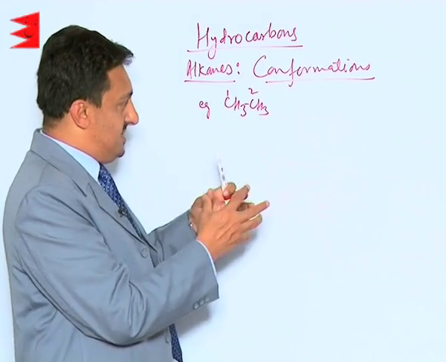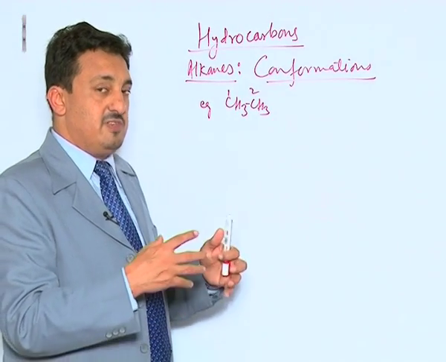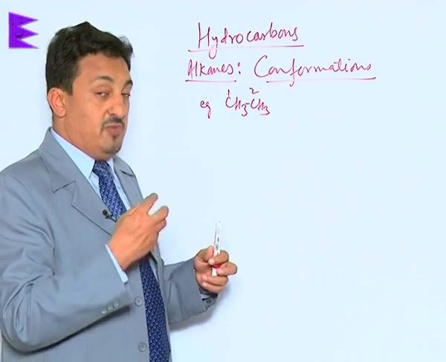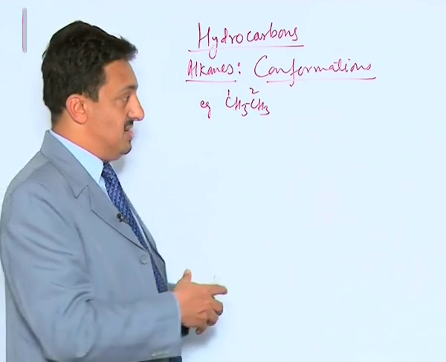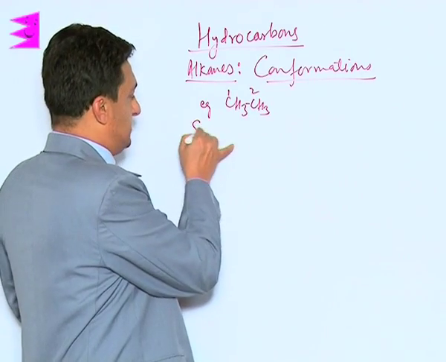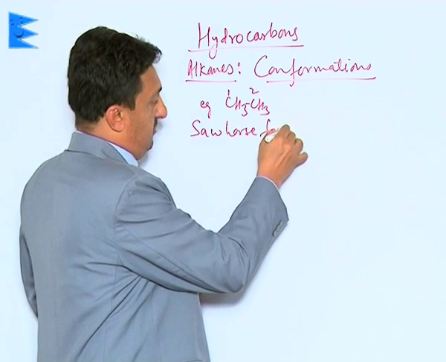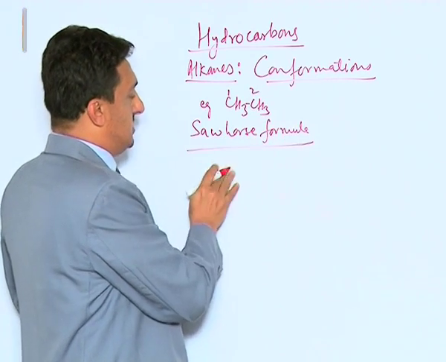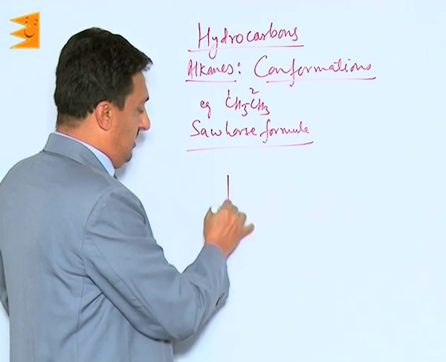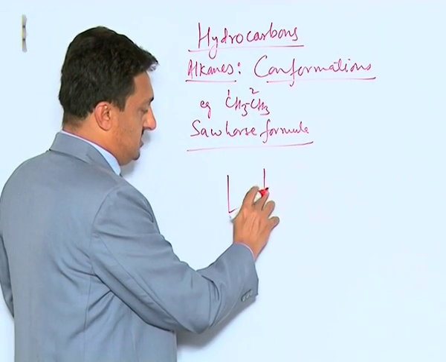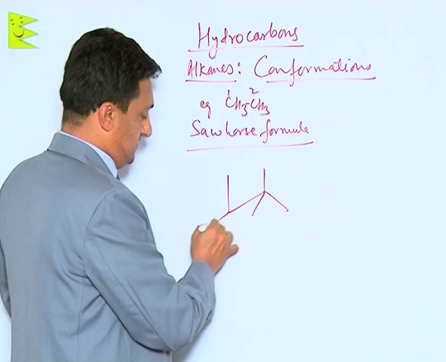To represent those three-dimensional structures, we use two ways. One is called the Sawhorse formula. In this, we draw the ethane molecule in the form of a horse, almost just like this.